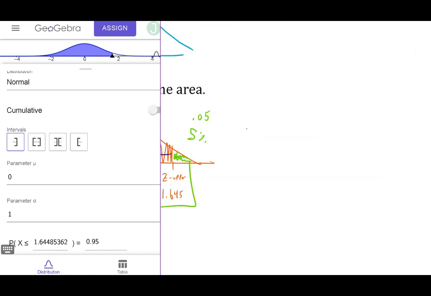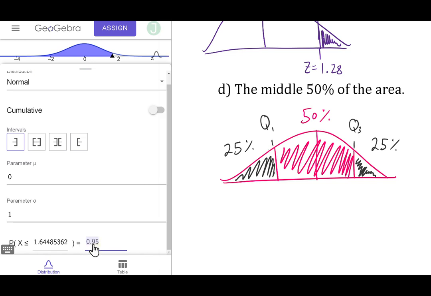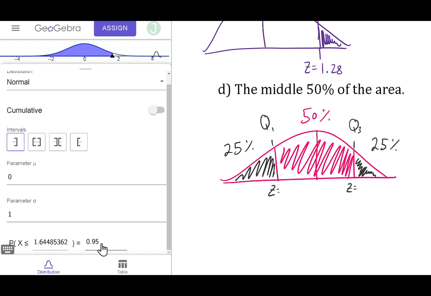Essentially, oops, my apologies. I leaned on my keyboard there. Essentially what we're looking for is the first quartile, or the 25th percentile, and the third quartile, the 75th percentile. So we're trying to find what z-score will give us the lower 25% and what z-score will give us the upper 25%, or the lower 75%, or the third quartile.